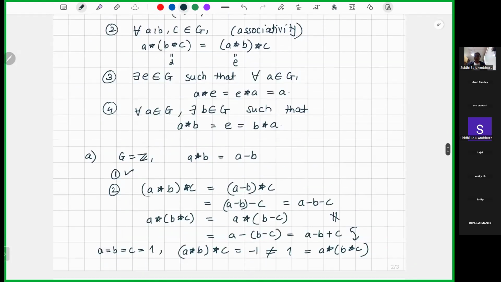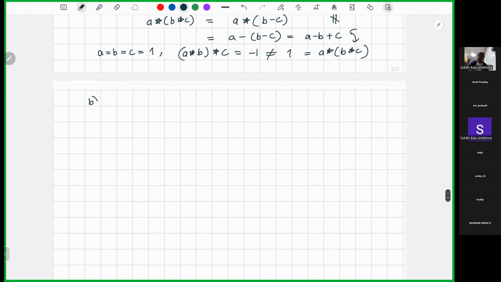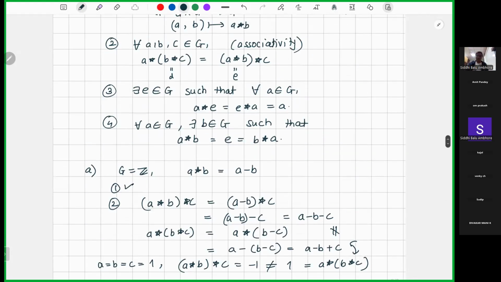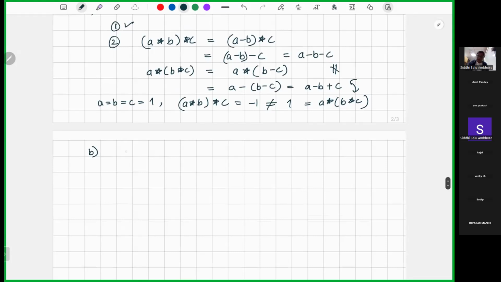Any guesses for this? Which condition is not satisfied? Again, it is not a group, as guessed by Om Prakash. So G is Z minus 0 and A star B is AB. The first condition is clear, because A and B are non-zero integers, so their multiplication will again be a non-zero integer.